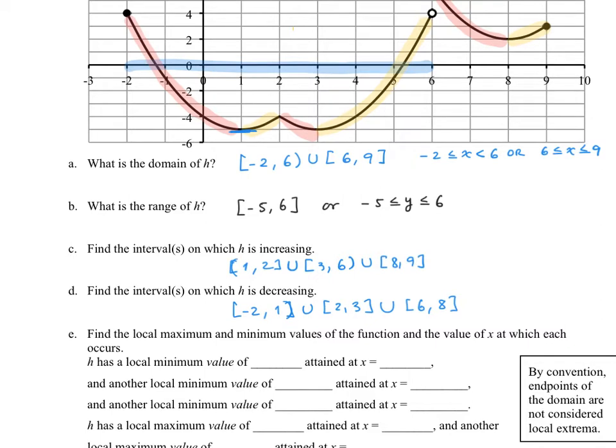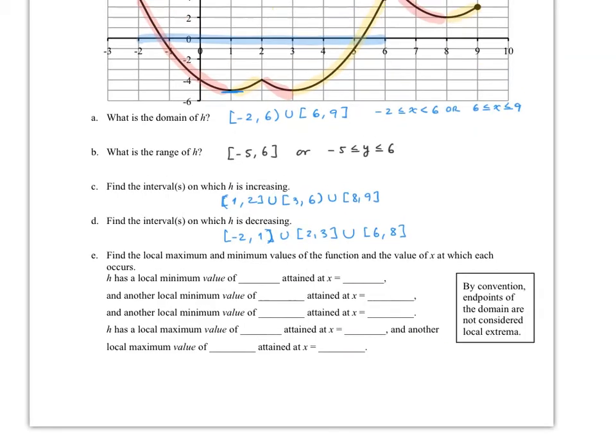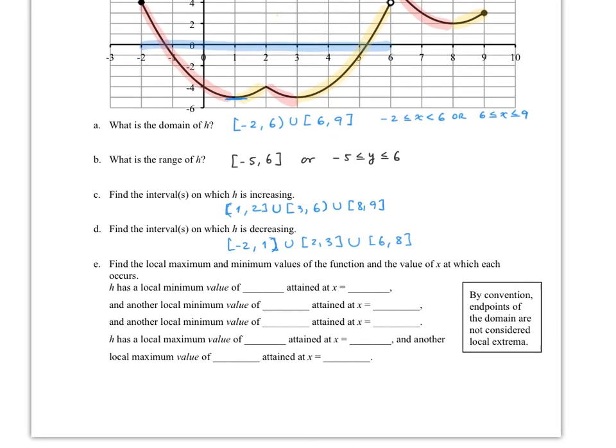But the correct way, when it changes from decreasing to increasing at that specific point, the correct thing is to use a parenthesis. But if you use a bracket, it's fine. Right, the last part is asking to identify the actual minimums and the actual maximums.